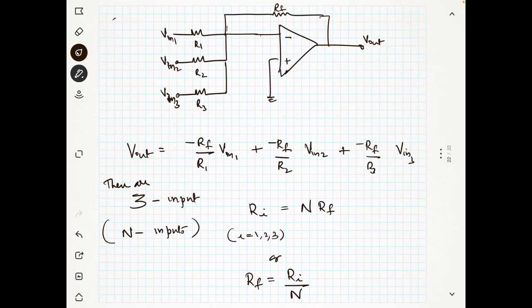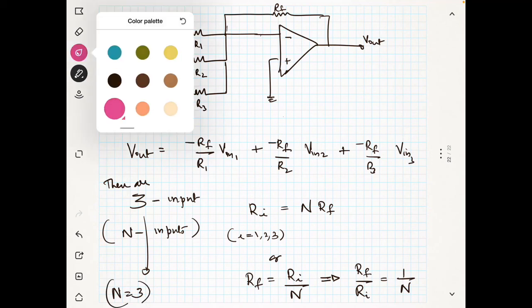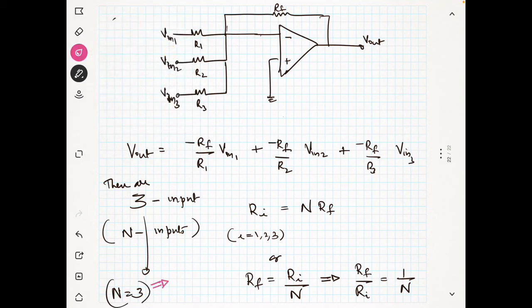Then this implies that Rf by Ri is equal to 1 by n. In this circuit actually our n equal to 3. So here Rf by R1 is equal to Rf by R2 is equal to Rf by R3 is equal to 1 by 3.